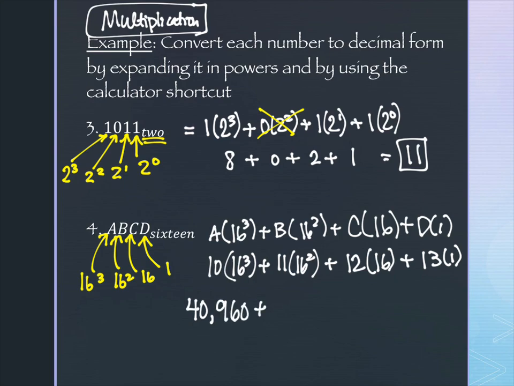How about 11 times 16 squared? 2,816. 12 times 16. 192. And then I have 13 at the end. And then we're going to add them all together. 43,981.